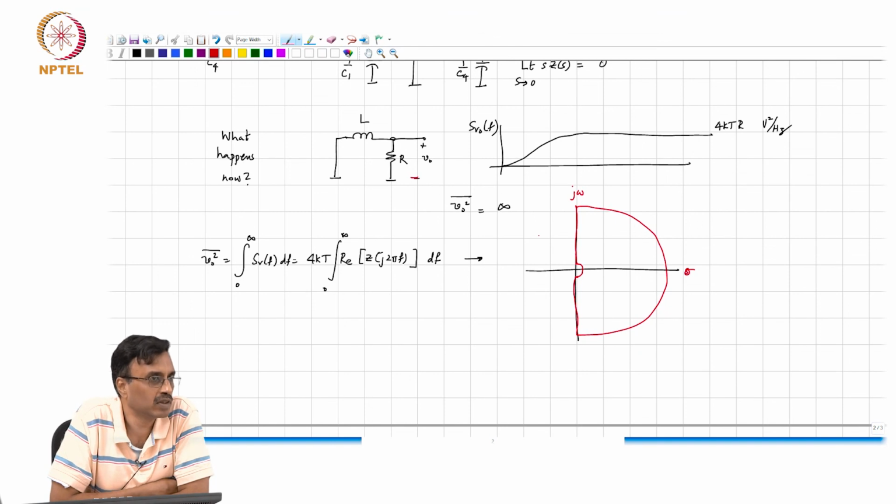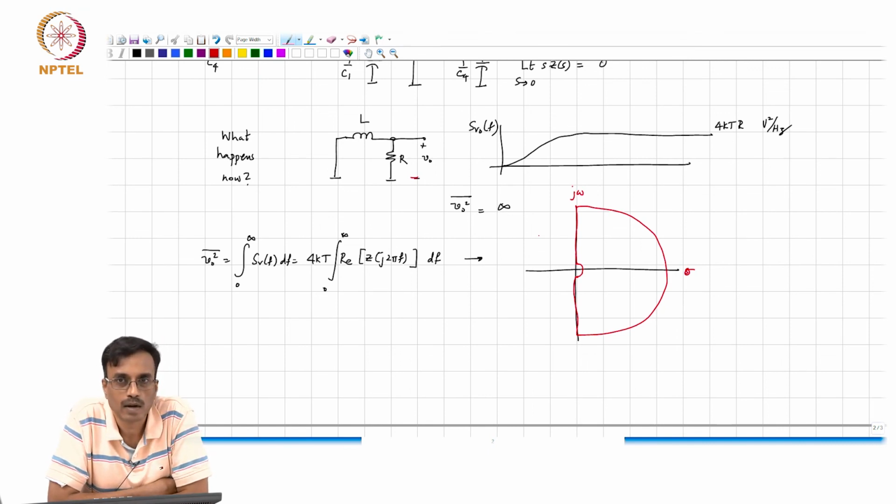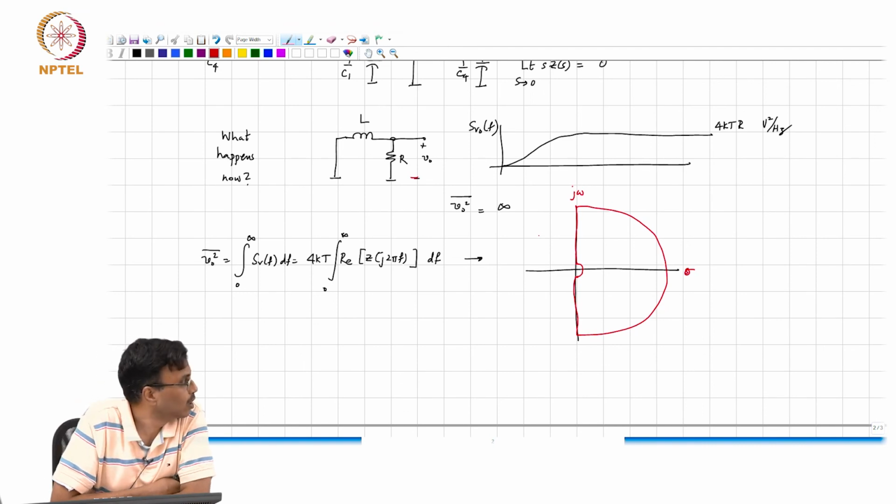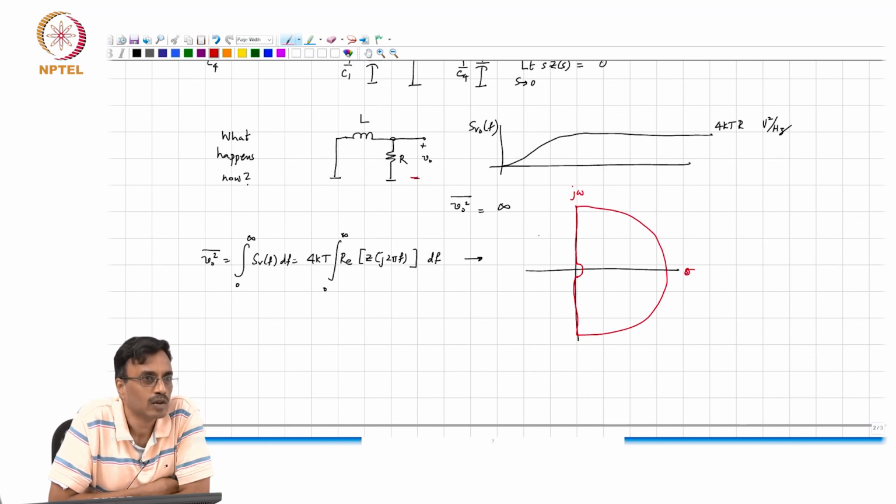What comment can we make about the zeros of the impedance? Where are the poles and zeros of a passive impedance located? They must be in the left half s plane. So this contour does not enclose any poles and zeros.